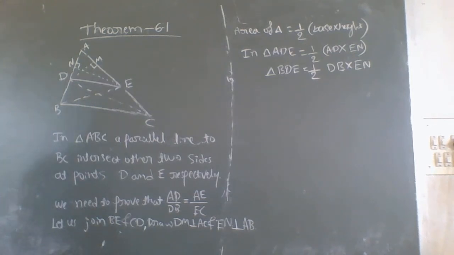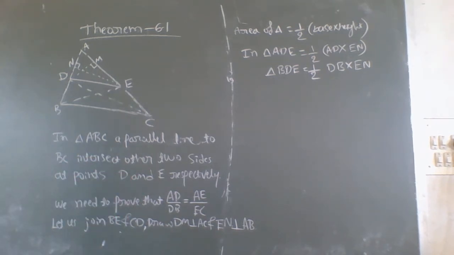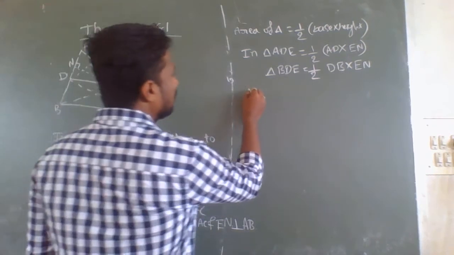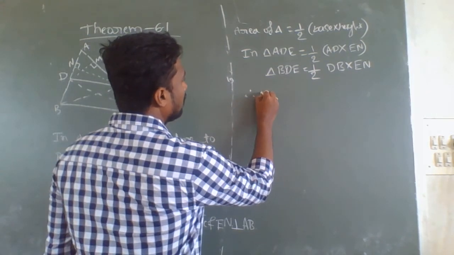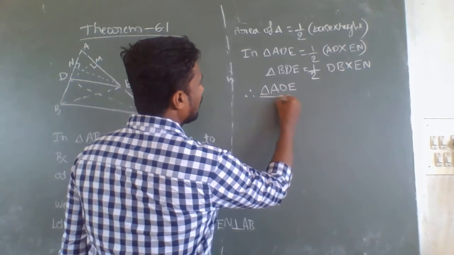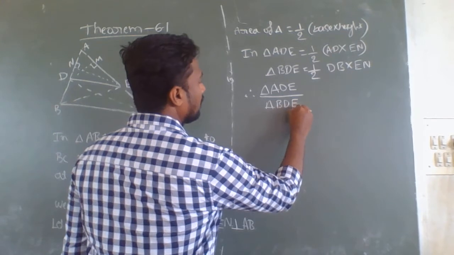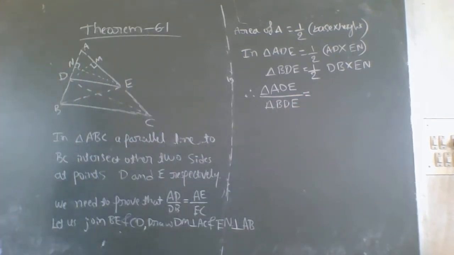So now to calculate this ratio, what can we do? Triangle ADE by triangle BDE is equal to 1 by 2 into AD into EN by 1 by 2 into DB into EN.